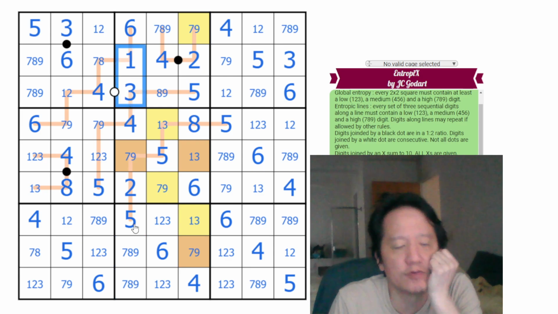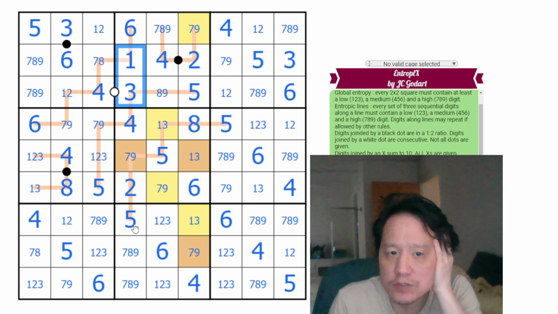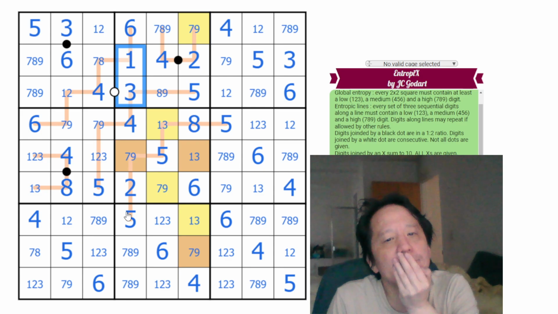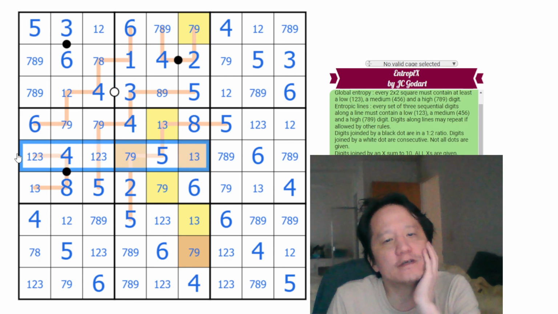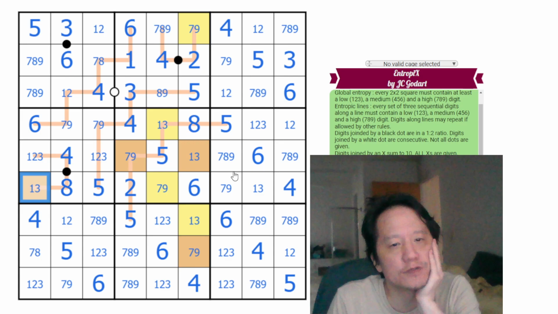And then it fits one of those. We don't know which. So this obviously can't be the orange one, so this one has to be the orange one, which means that's the yellow one.